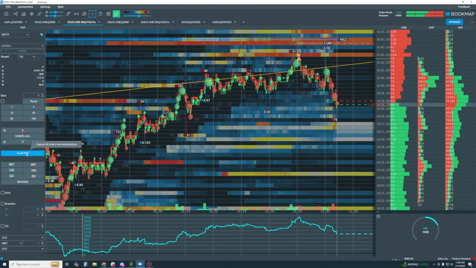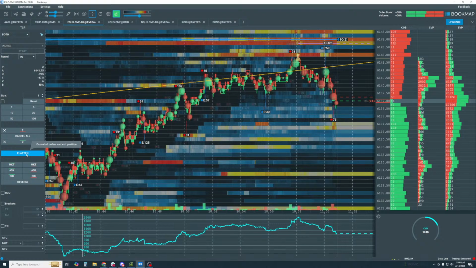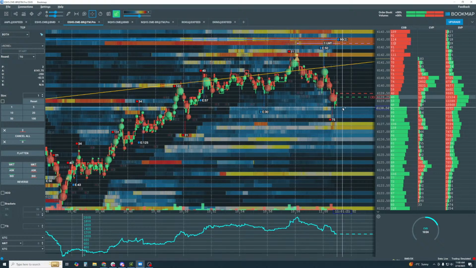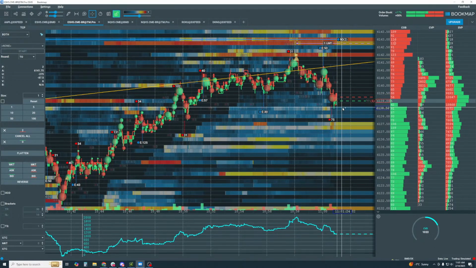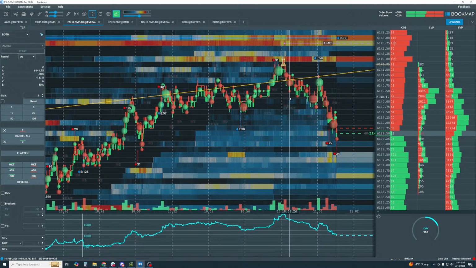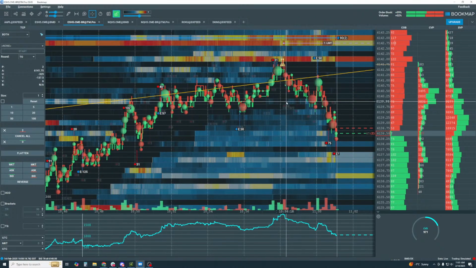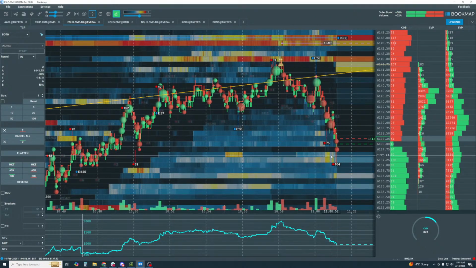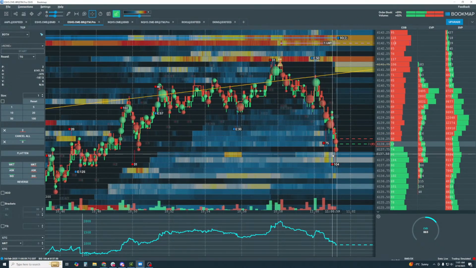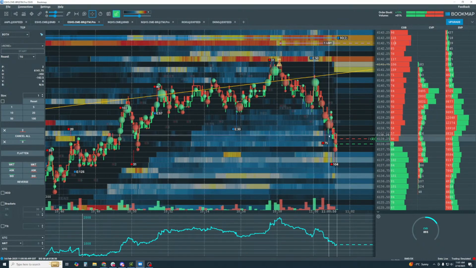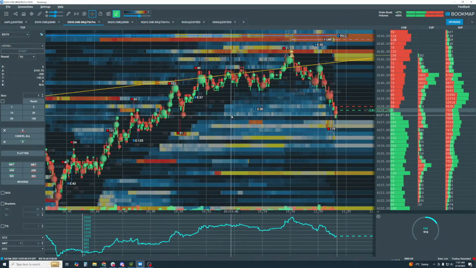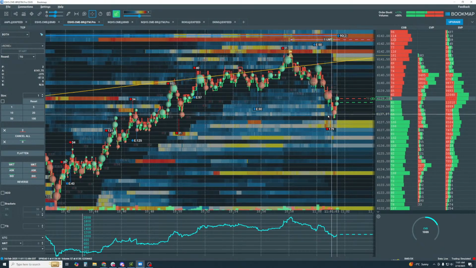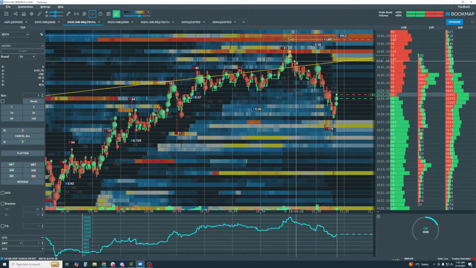Yeah, let's just dump this. Maybe we'll get a little bit of a bounce off of this area here. Okay, yeah, we're coming down to this liquidity here. And let's see if we can get a bounce there. This is bad trade management. Looking for the bounce here. And let's see if we can reattack it up here.